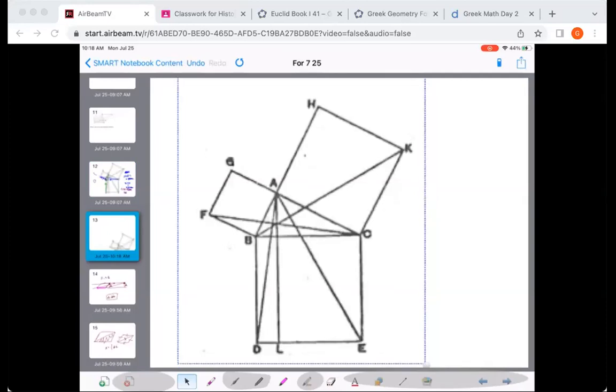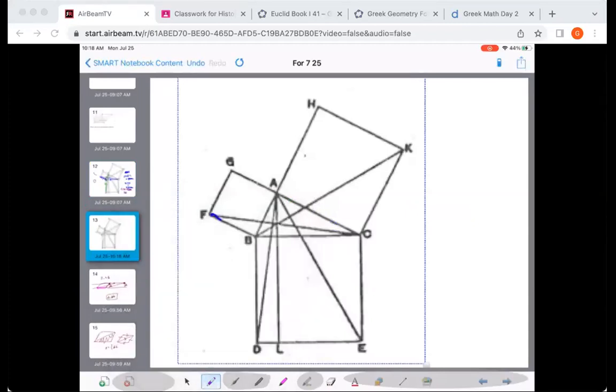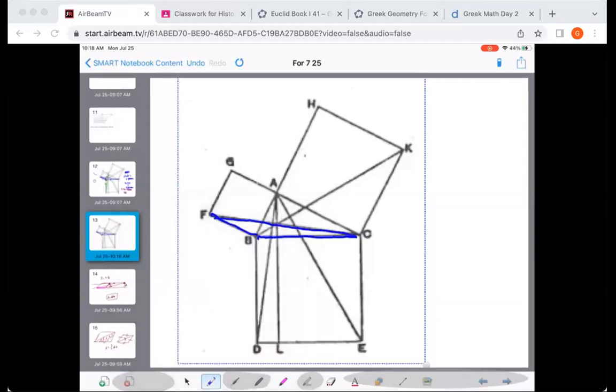Now, check this out. Remember triangle FBC, the blue one? Let me outline that. And let me make an outline of square AGFB or BAGF.